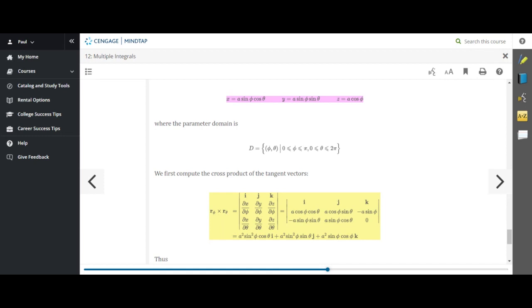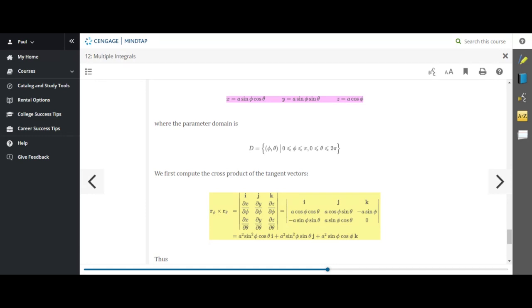That's going to get you negative a sine phi sine theta, a sine phi cosine theta, and just 0, because the derivative of a cosine phi with respect to theta is 0.